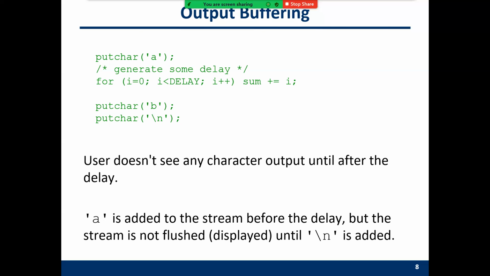So A is actually added to the stream before the delay, but the stream is not flushed until the newline. So you will see nothing on the screen. You will see the A and B at the newline simultaneously on the monitor.